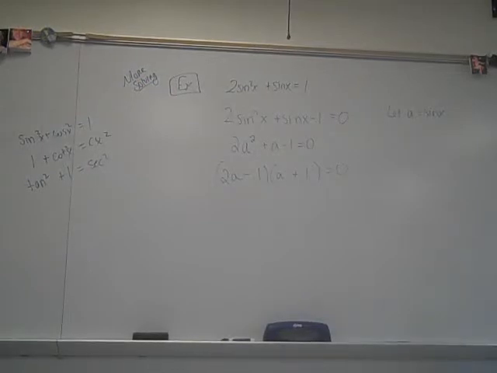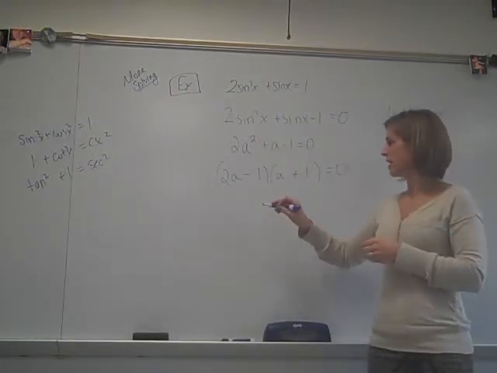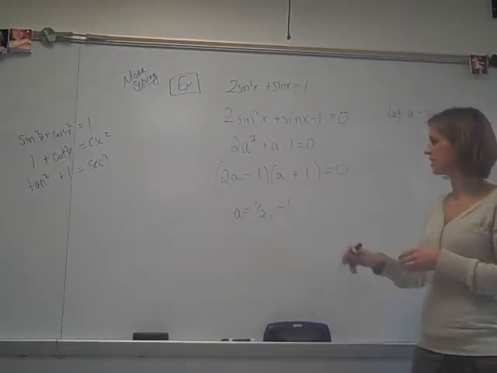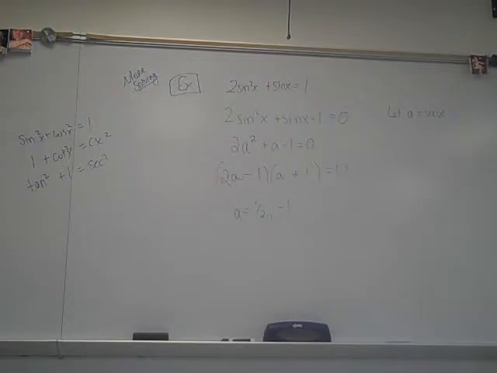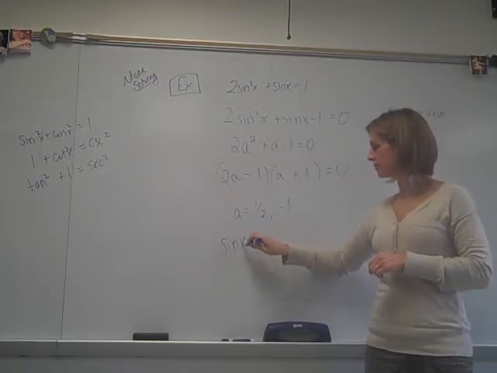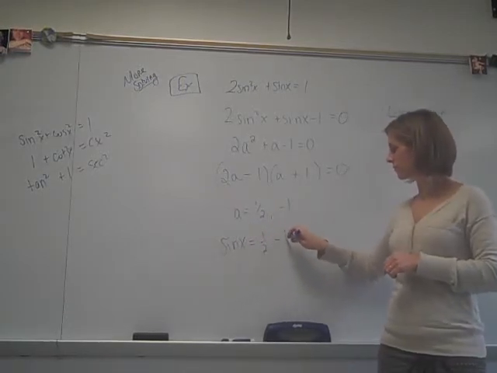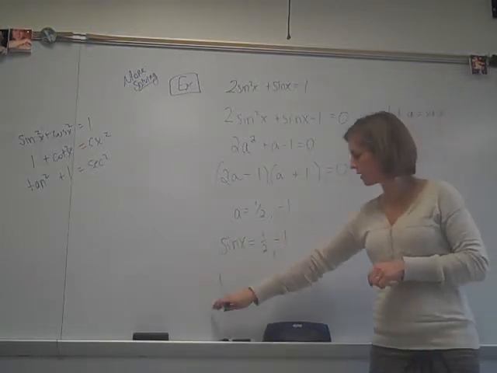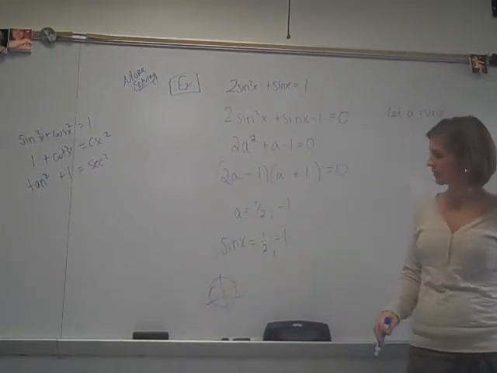You can put sine back in whenever you want. A is going to equal 1/2 and -1. But that's only a. And a is really the sine of x. So the question is just, where does sine equal 1/2 and -1?